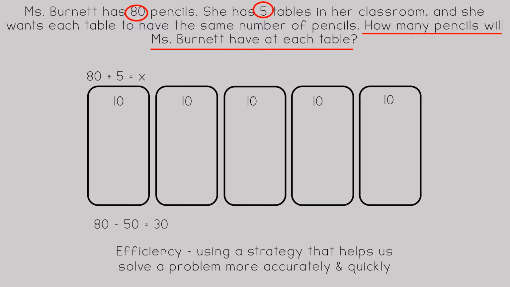So she could then do them in groups of 5, 5, 5, 5, 5, 5. And then she would take those 30 pencils minus the 25 that she's just distributed. She has 5 left. So now she knows that she could put 1 in each group. And each table would have a total of 16 pencils.